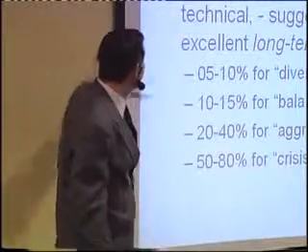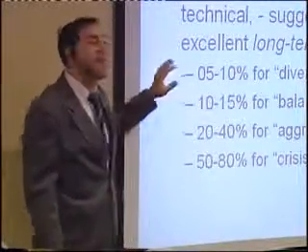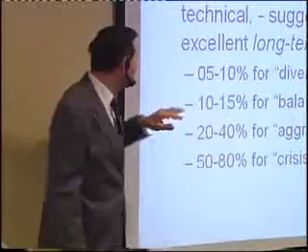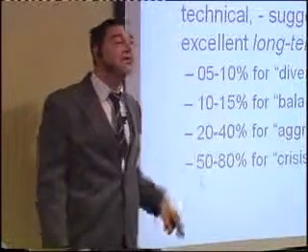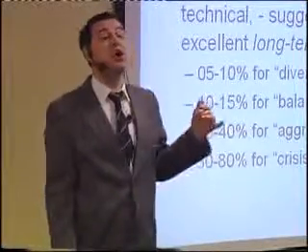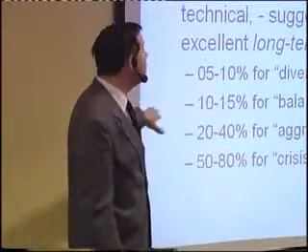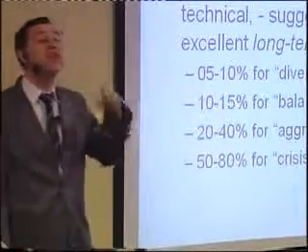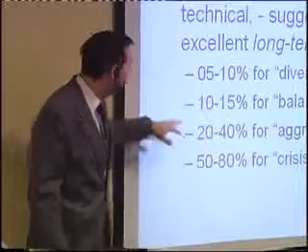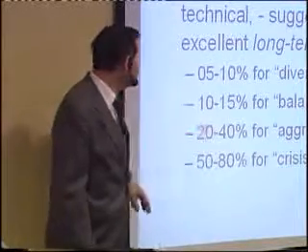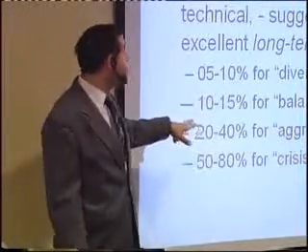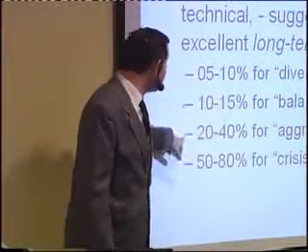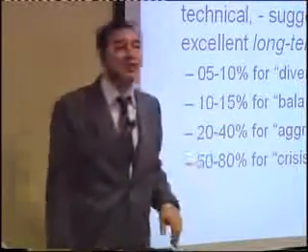That one is clear. Now, if you're just going to have a diversified portfolio, 5 to 10% in gold is okay. If you want a more balanced portfolio in the current inflationary environment, 10 to 15 is okay. If you want to construct an aggressive portfolio, definitely 20 to 40%.